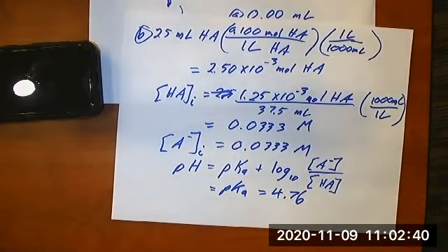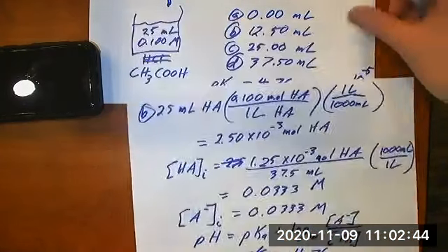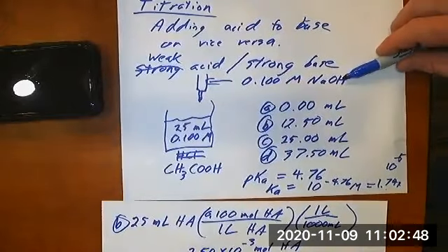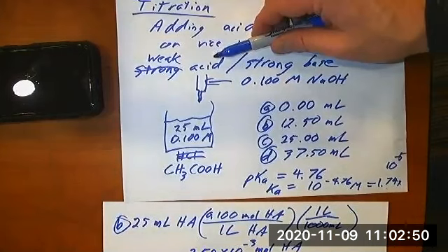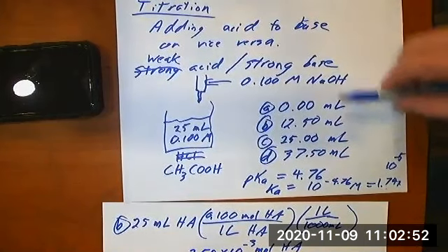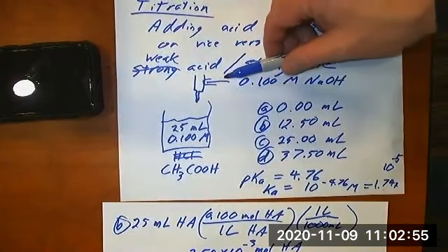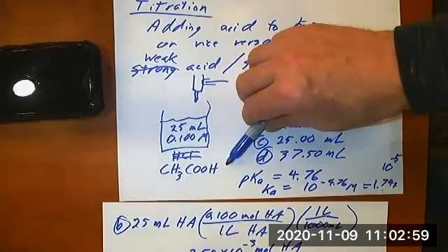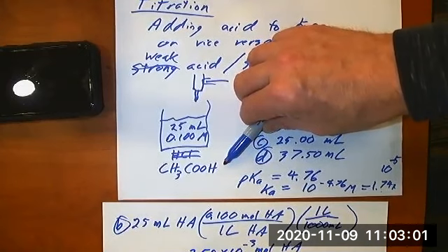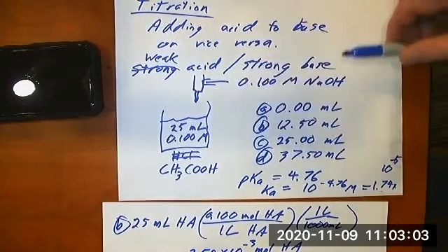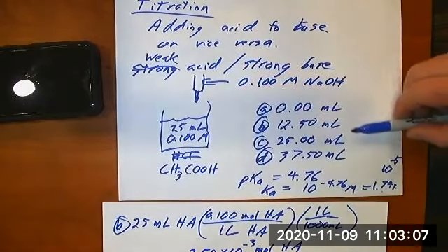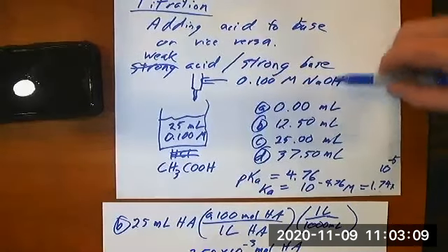Second question, how do you know that half of HA will be reacted with? So the idea is that if you react a strong base with a weak acid, and you have put in half as much of the base as you have of the acid, each base molecule, the OH, is going to pull off the one proton. And so that means that half of the acetic acid will have reacted away at this point because we have added half as much.